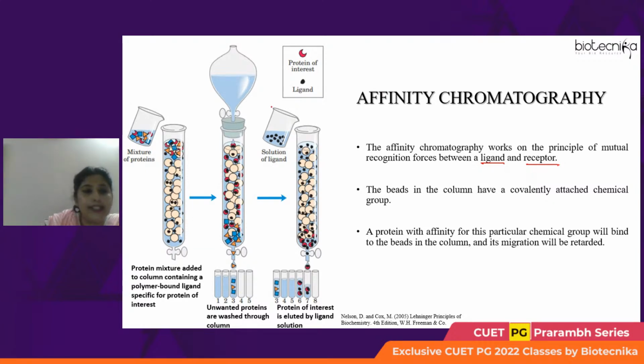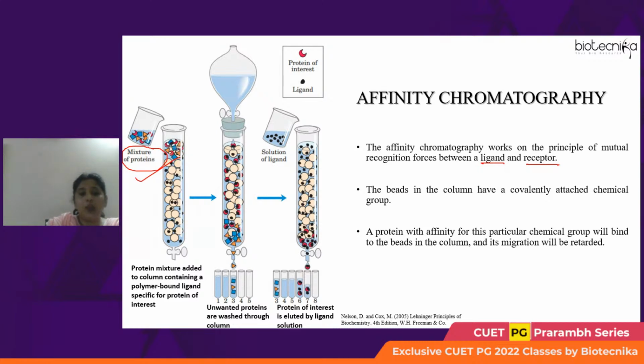In this particular diagram, I have again taken an example of proteins, because chromatography is widely used in R&D, especially for separation of proteins. So here we have a mixture of proteins.